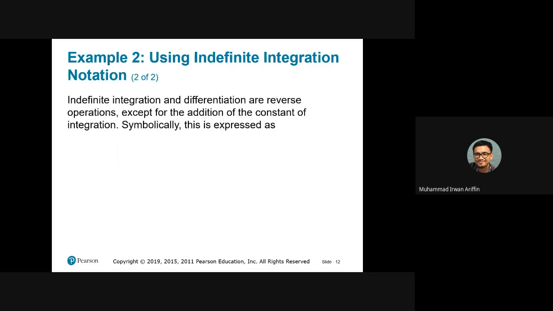So indefinite integration and differentiation are basically reverse operations, except for the addition of the constant of integration, because this represents the whole family of antiderivatives. When we reverse the process of differentiation, we get the whole family of antiderivatives. For a constant k, there is no x, no variable, so when we differentiate it, it becomes 0.